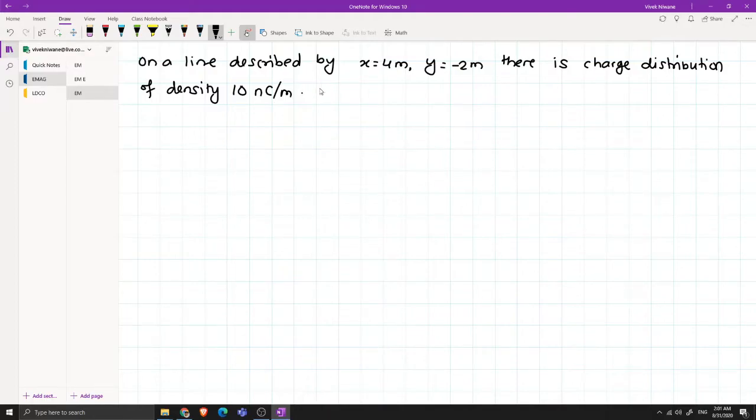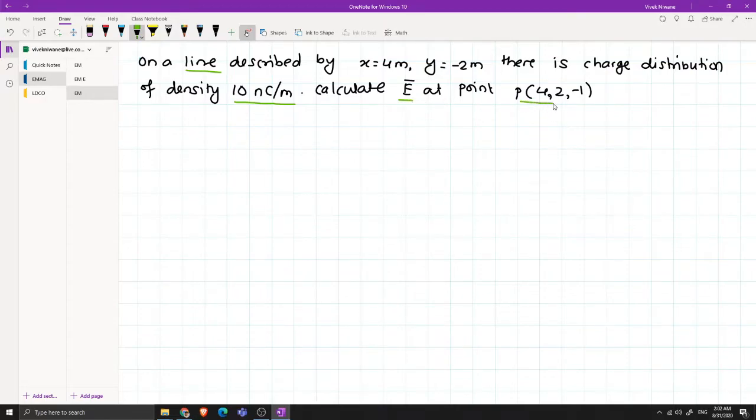Okay, calculate E bar at point P (4, 2, minus 1). So we are going to make some observations here. The line is described, the line charge density is given, and we want to calculate the E bar.